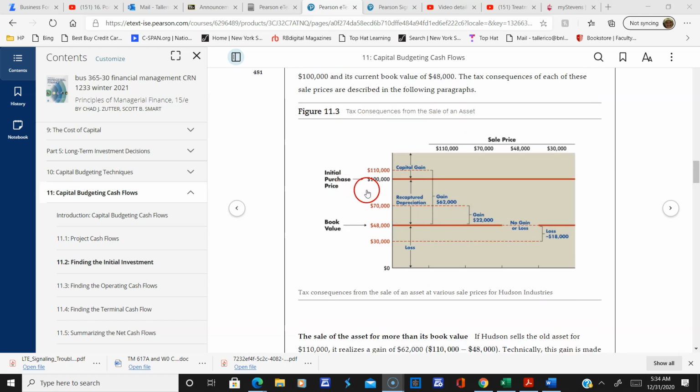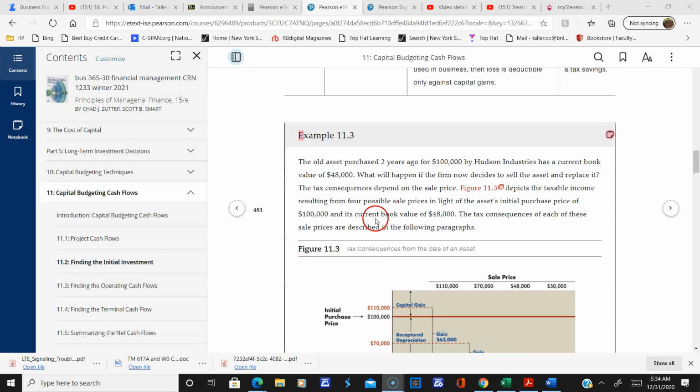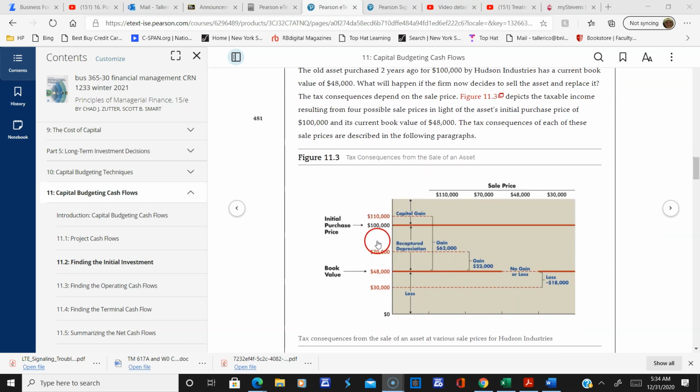Here's the initial purchase price. Now, let us assume you sold it for 110,000, which is a little odd, but it could happen. Somebody may really have wanted it. And here's the current book value.